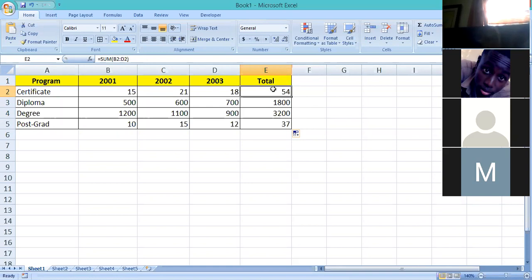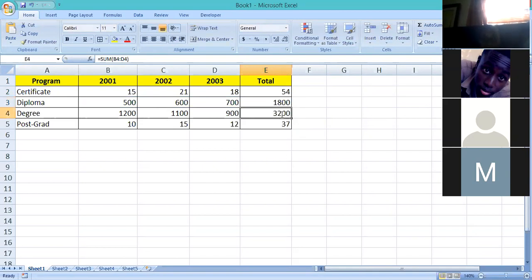So relative cell addressing is when you basically copy one formula to other cells. But if you notice, it does not just copy the formula, it automatically changes the formula. So it's not like it's going to still make this one be B2 to D3. If you notice right here in the formula bar, or let me double click it, it automatically changes it to B3 to D3.